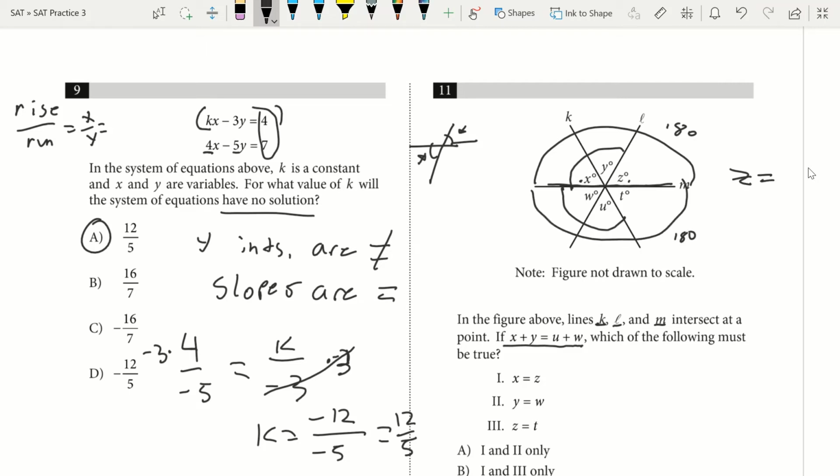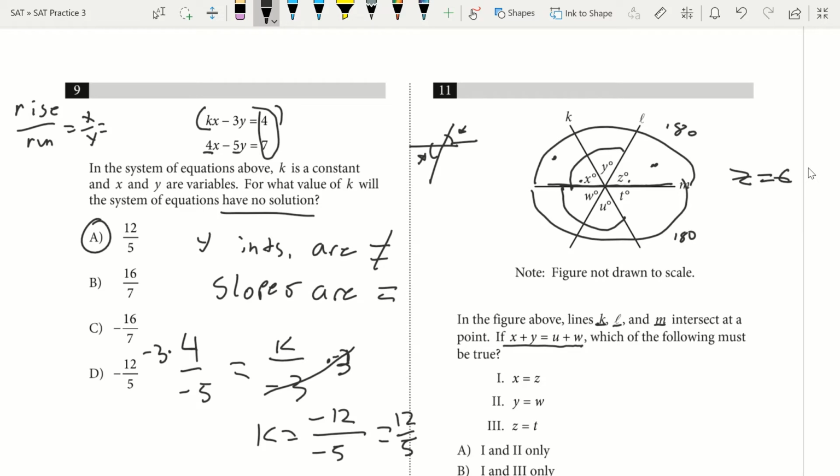Okay, we need to see if x equals z. Well, x is right here with that little dot. We have z right here. We can go ahead and see that we have x and y, right? Well, x and y is equal to u and w. If we did 180 minus x, y, we'd be left with z.